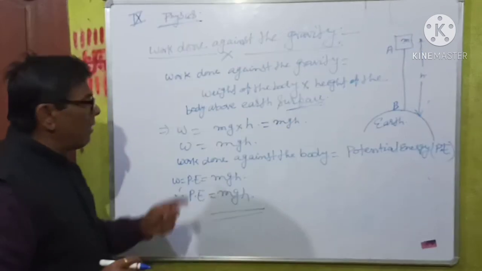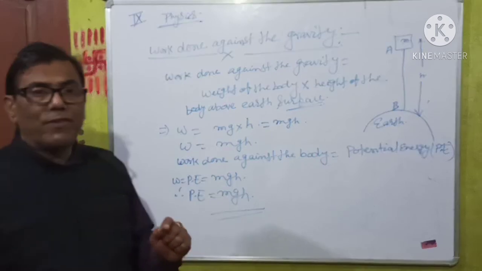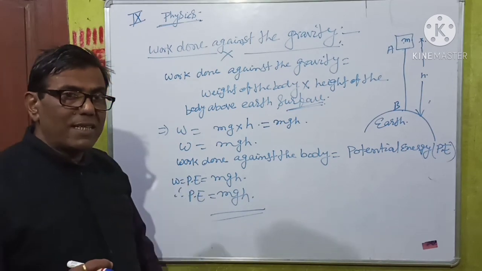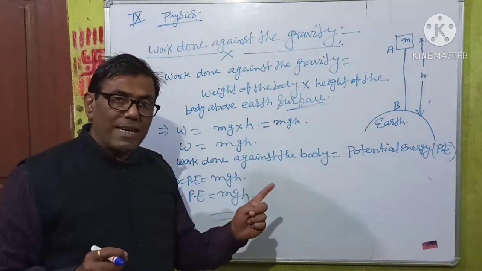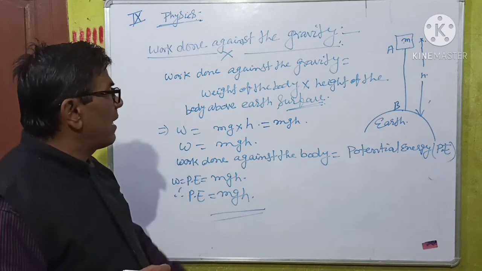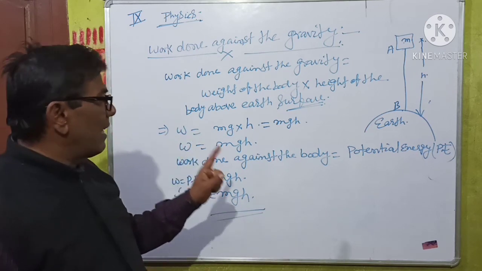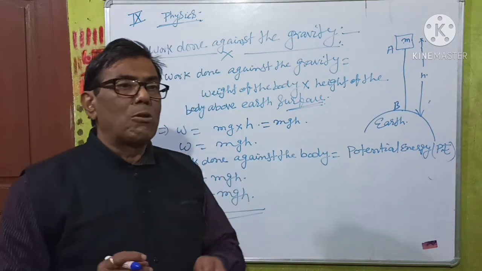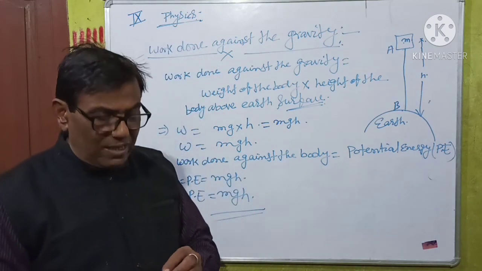So you have learned today about the definition of kinetic energy, the derivation of kinetic energy, the relation between kinetic energy and linear momentum, and work done against gravity. Work done against gravity is also equal to potential energy.